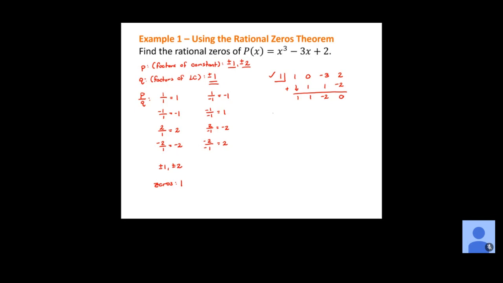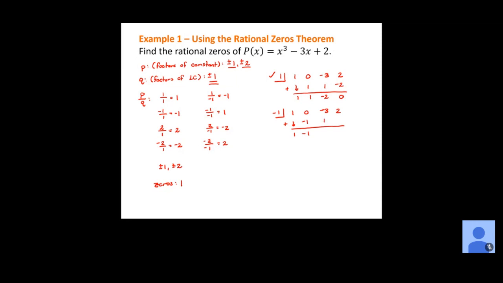So negative 1's the next one I'm going to check. Get my coefficients here. 1, 0, negative 3, and 2. Bring down the 1. This time 1 times negative 1 is negative 1. So when we add, we get negative 1. Negative 1 times negative 1 is positive 1.